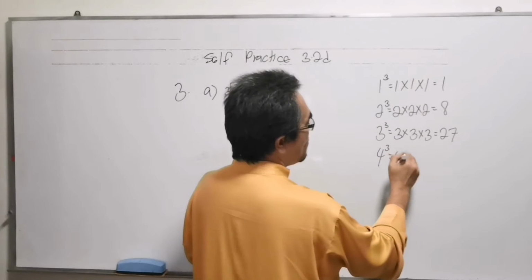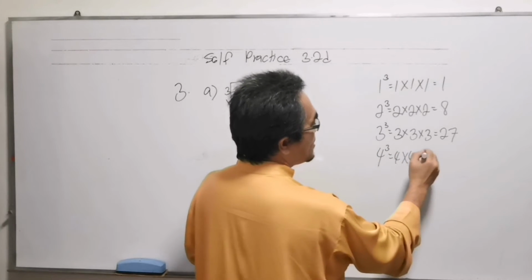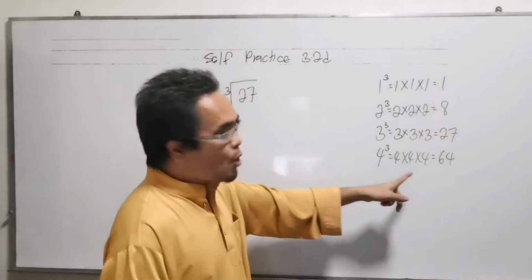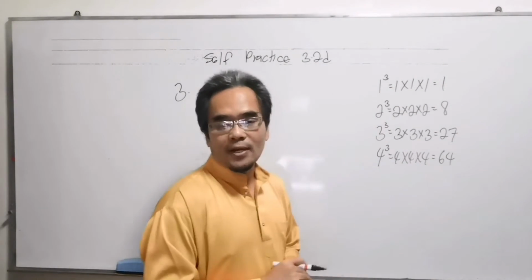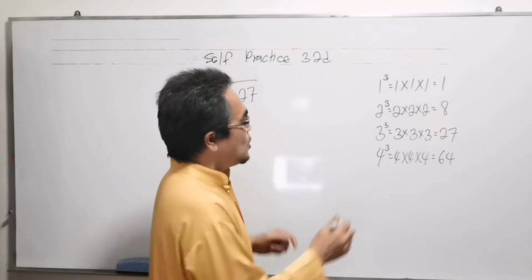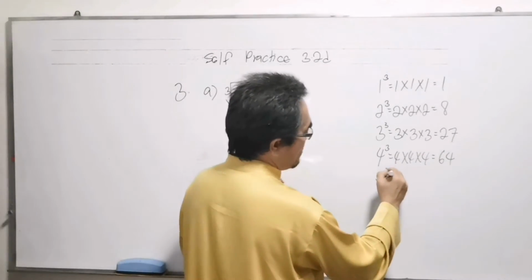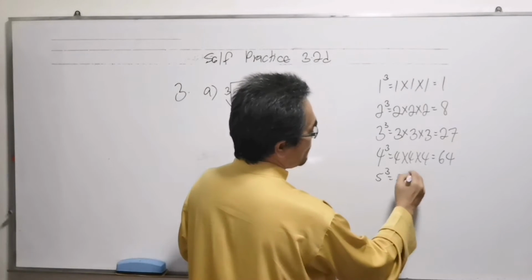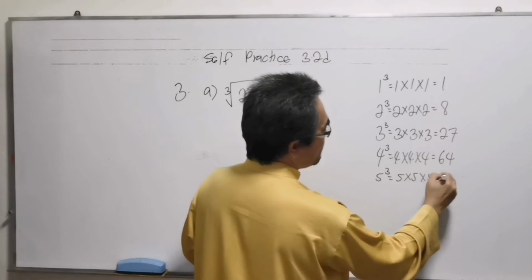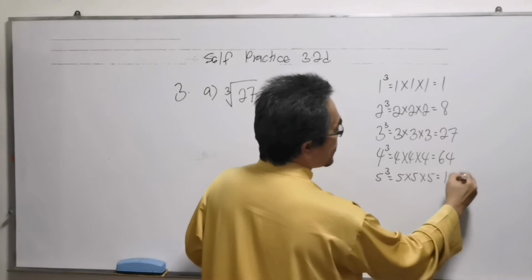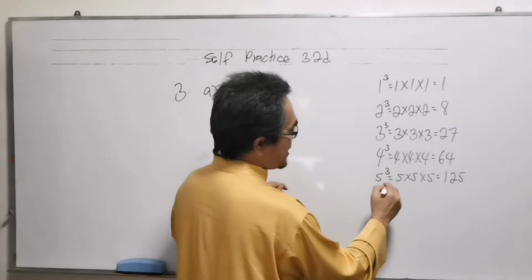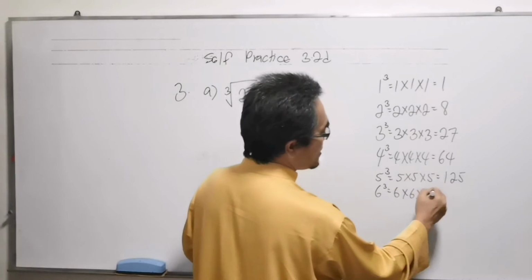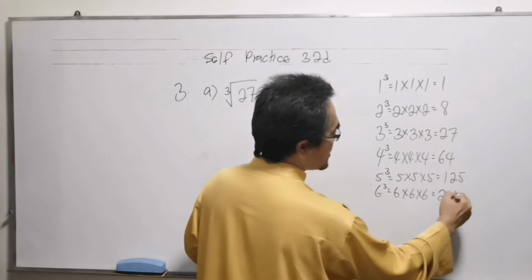4 cube, 4 times 4 times 4, 64. If you do not know these numbers, just press the calculator. Okay? But at the moment, you have to know all these numbers. 5 times 5 times 5 is 125. 6 times 6 times 6, 216.